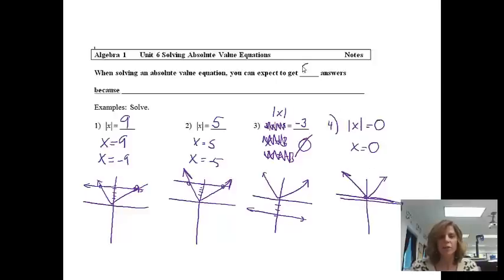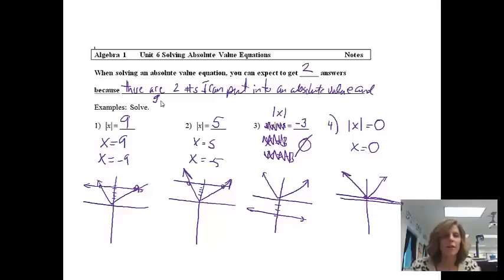But usually we can expect to get two answers, even though sometimes we will only get one answer or no solution. Most of the time we'll get two answers, because there are two numbers I can put into an absolute value and get the same answer.